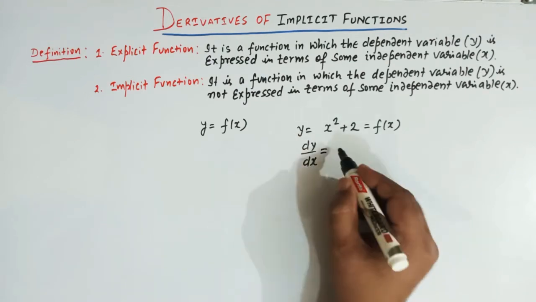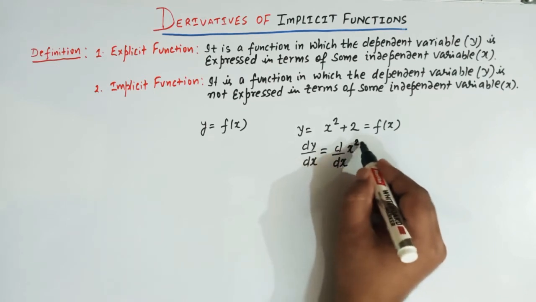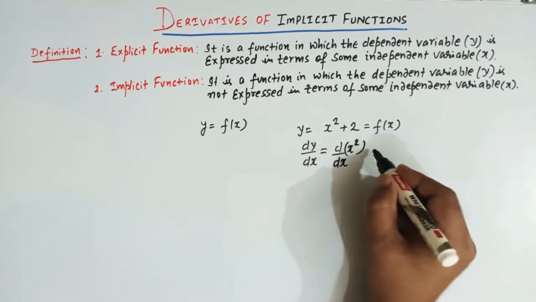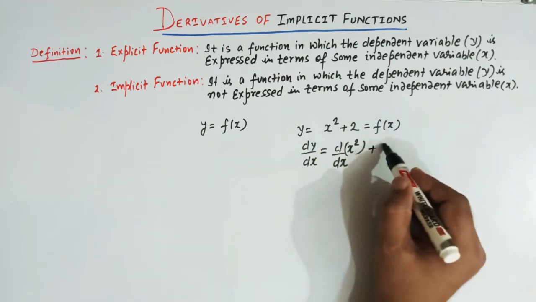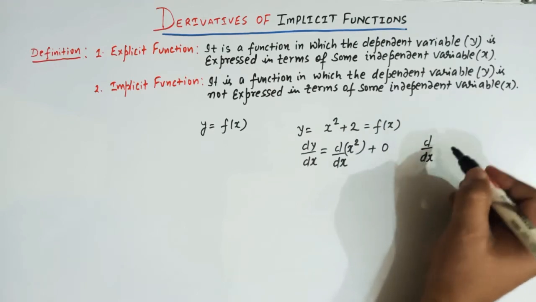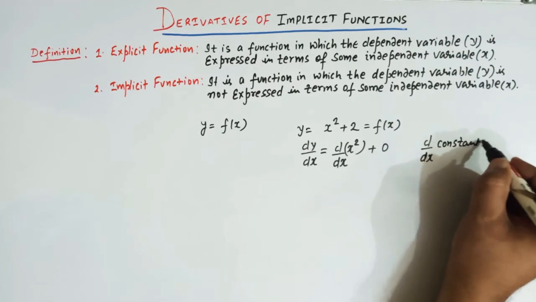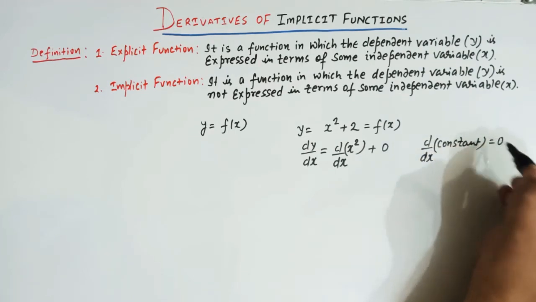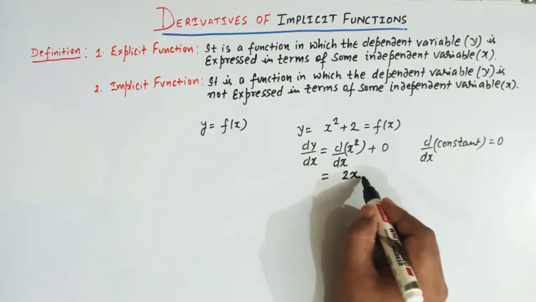So dy over dx is equal to the derivative of x square with respect to x plus the derivative of 2, which is 0 because it is a constant, and we know that the derivative of a constant is 0. So this is equal to 2x.